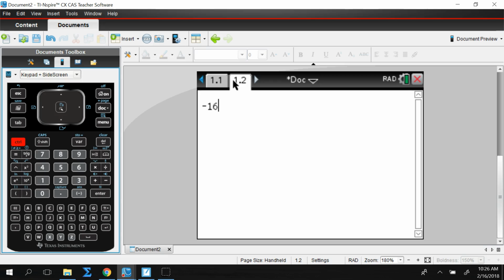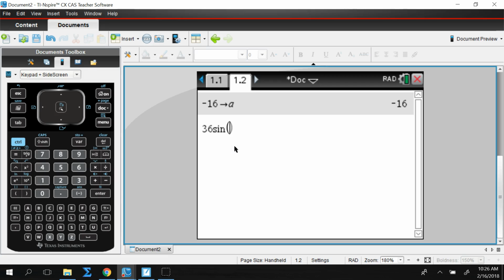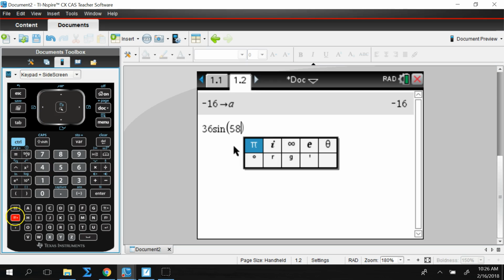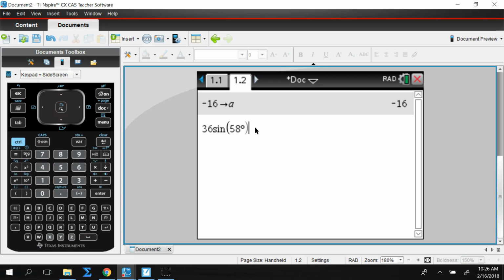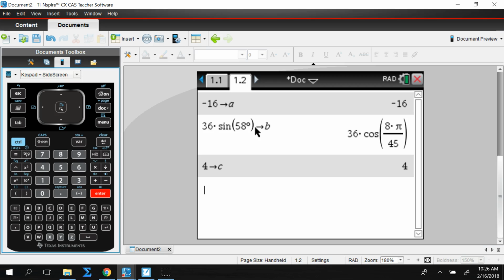So negative 16, I'm going to store as A. 36 times the sine of 58 degrees, I'm going to store as B. 4, I'm going to store as C. Now, why would I do something so crazy like that? Well, I would do that because now I can type in the opposite of B.